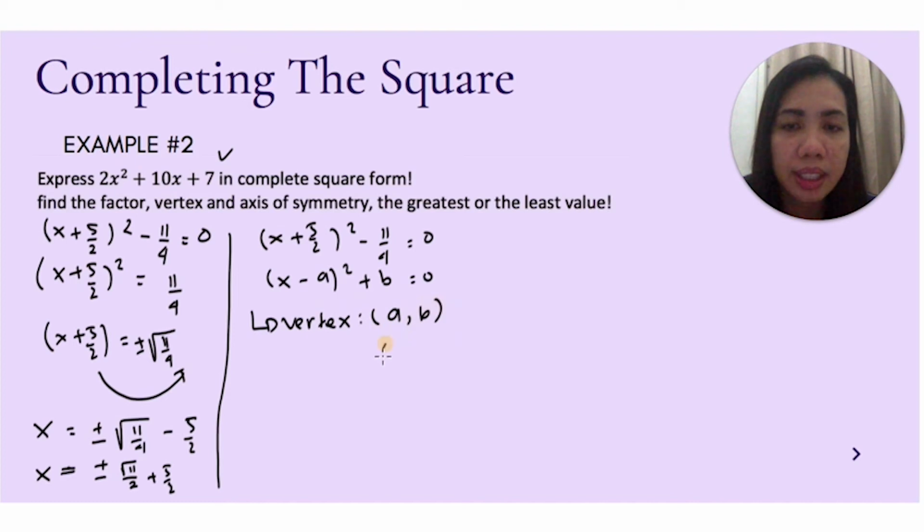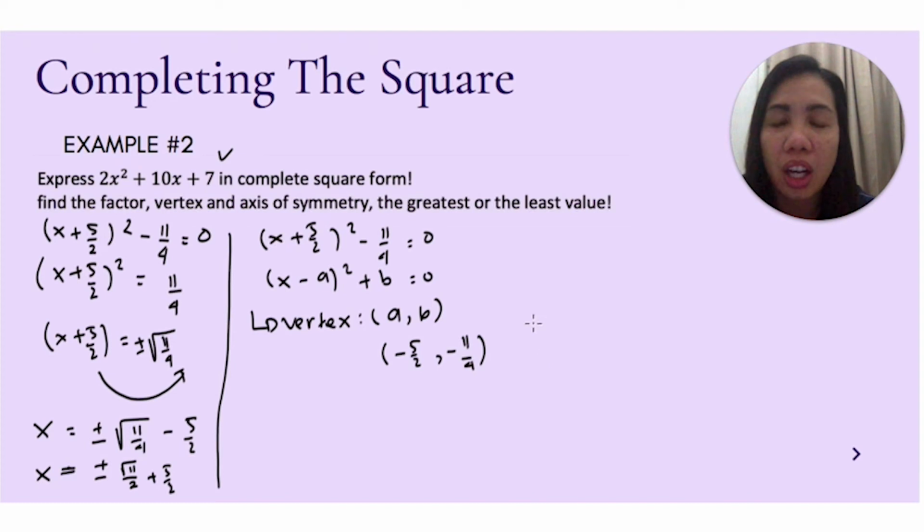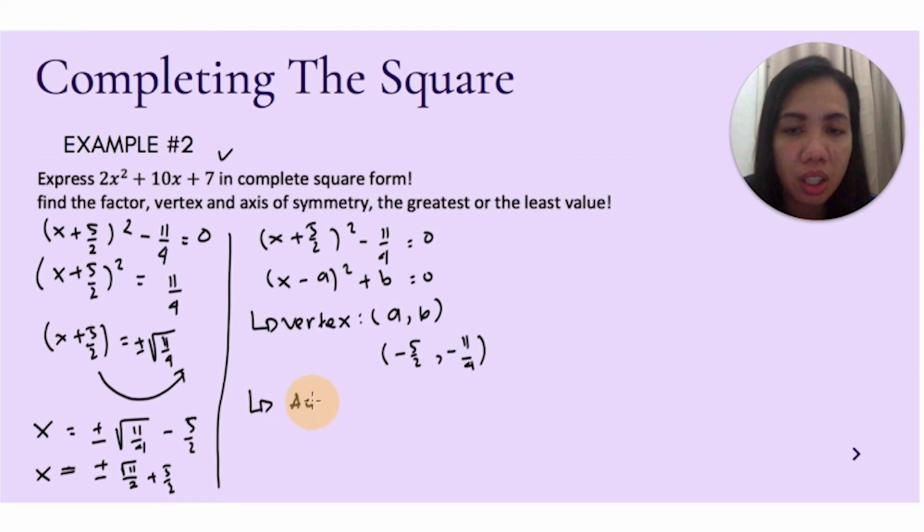The vertex is (-5/2, -11/4). This is actually the vertex of this quadratic expression. And then the other thing is the axis of symmetry. The axis of symmetry is the x coordinate of the vertex, which is x equals -5/2.